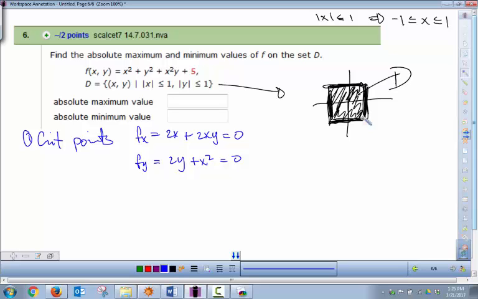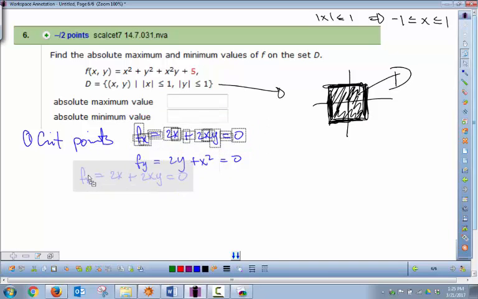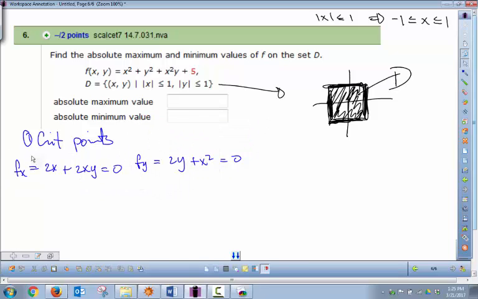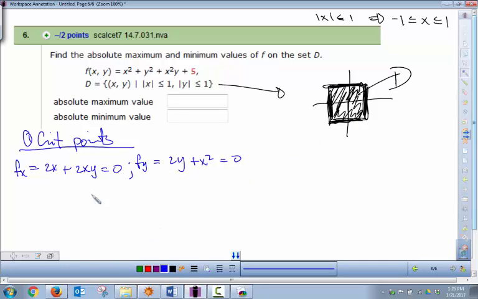We want to set both of them equal to 0 at the same time. From here I can factor out a 2x, giving 2x times (1 plus y) equal to 0. So x is equal to 0, or y is equal to negative 1.